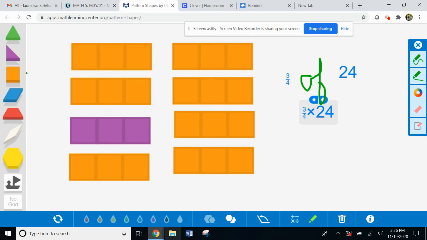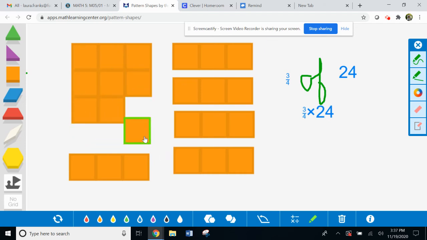Well, I can look at it like this. What I'm really saying is I've already figured out in the first problem string what 1/4 of 24 is. Back when I had my 4 groups, I had 6 in each group.